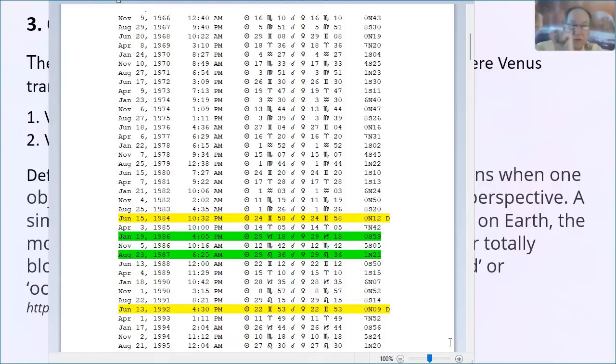That means Venus is in front of the sun. And if you have a large enough telescope, you'd see a tiny dot of Venus going right across the sun. Just like an eclipse when the moon moves in front of the sun, it blocks the sun. But of course, the moon is about the same size visually as the sun.